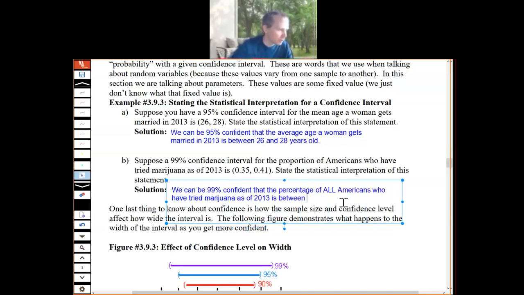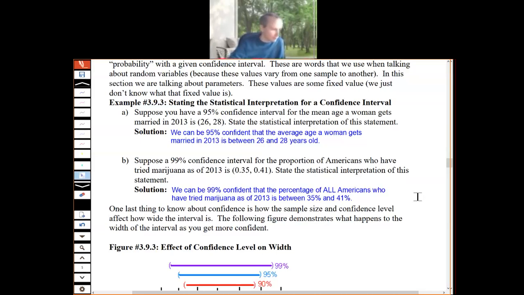When we're working with proportions, it's usually more friendly looking to write them as percents. So I could say it is between 35% and 41%. What we're saying is, based on the sample that we took, we recognize that we don't know exactly how many people in America have tried marijuana. But based on our sample, we're very confident that it's between 35% and 41%.